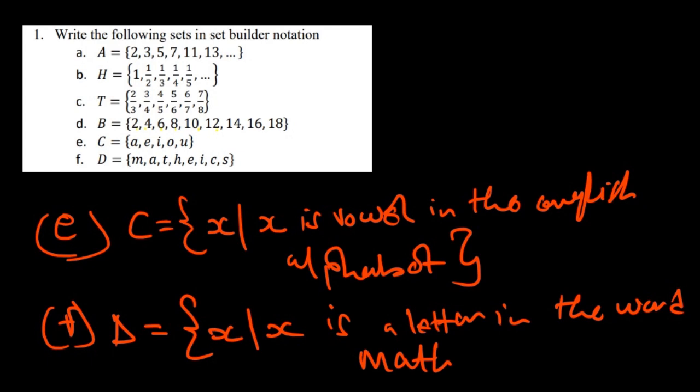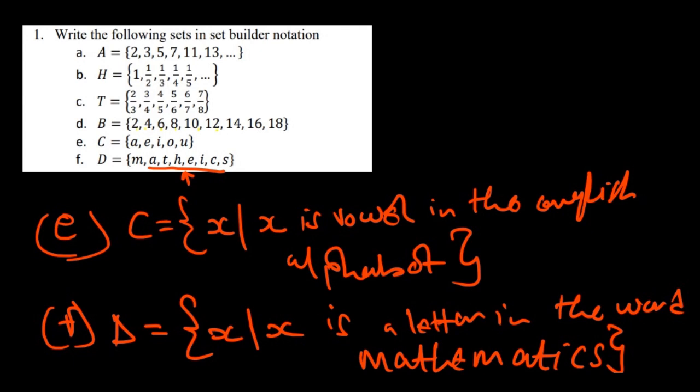We did a similar example that day when we were looking at tutorial sheet questions for roster and set builder form. I've forgotten the word, but we did a similar example like this one. So these letters here are just from the word mathematics, and that's how we can describe that set in set builder notation.